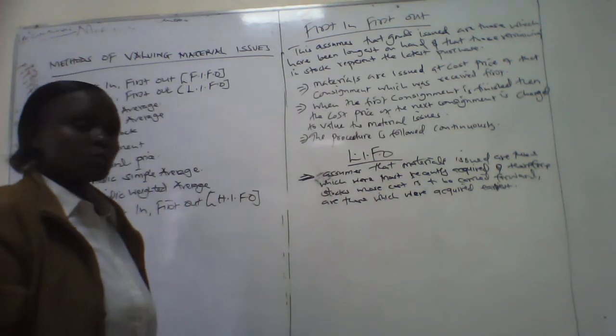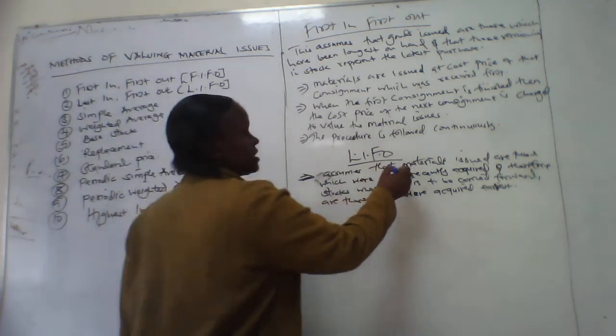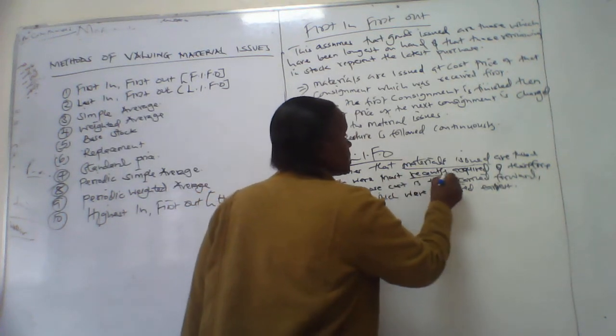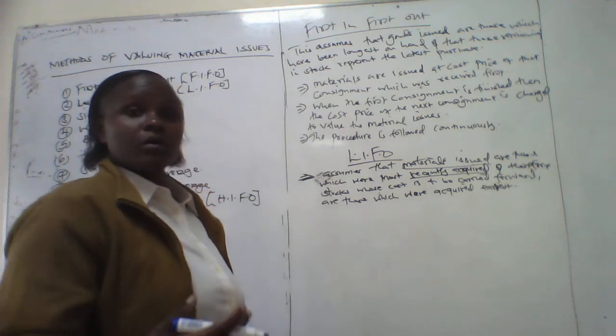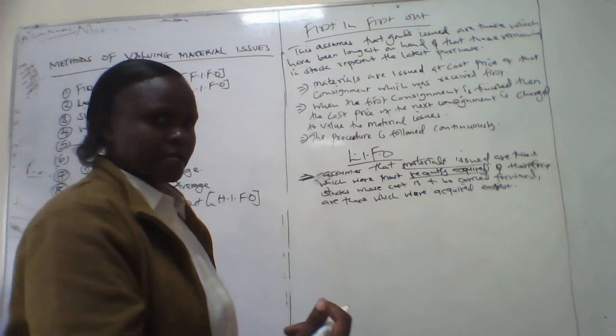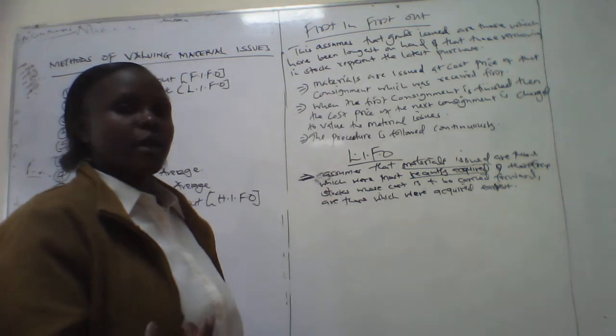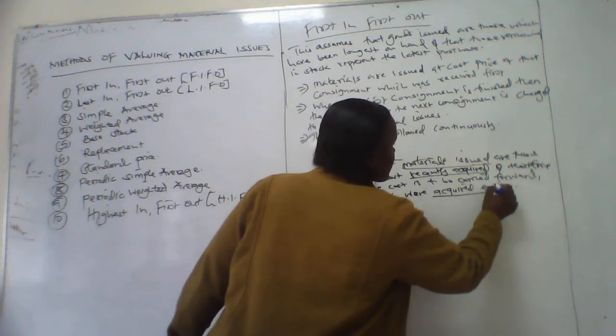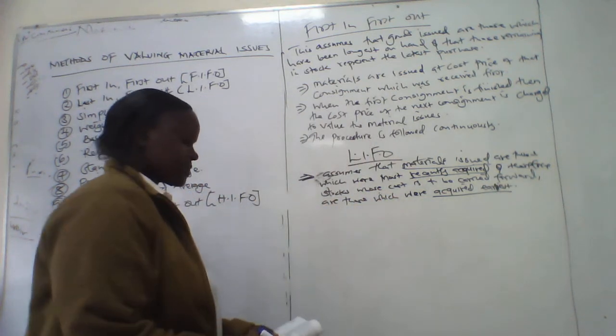So LIFO assumes that the materials or goods which are issued are the ones which were most recently acquired. Therefore, the cost which is carried forward is for those materials which were acquired earliest.